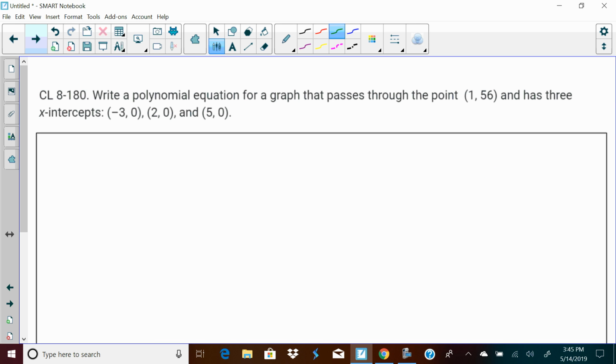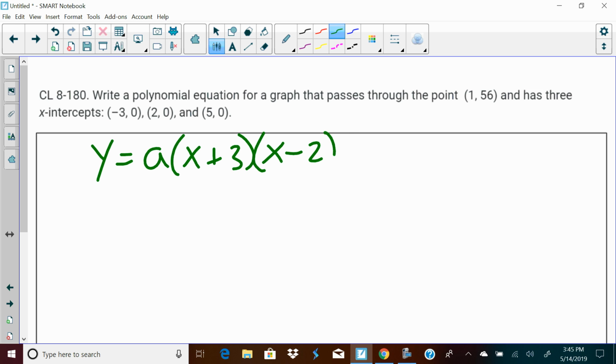Problem 180, write a polynomial equation for a graph that passes through the point (1, 56) and has 3 x-intercepts. So I can change these to linear factors and make it y equals a(x plus 3)(x minus 2)(x minus 5). So then I plug in to solve for a.